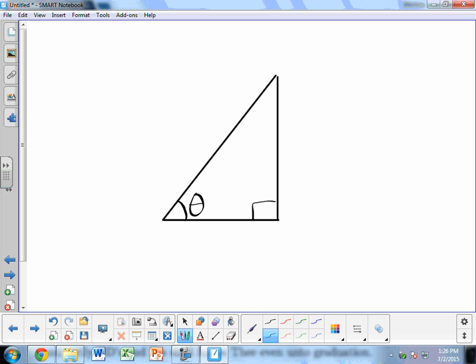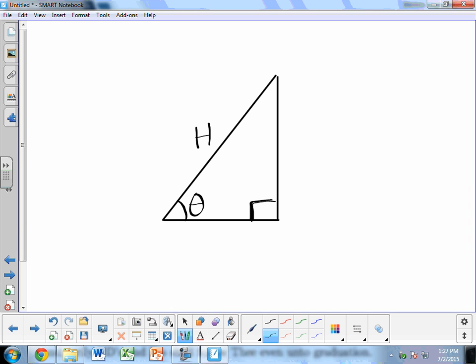Now, the first thing you need to know is that this side is always going to be the hypotenuse. That should be the first one you make note of. The hypotenuse is always opposite the right angle, so I'm going to mark that with an H. Now, remember theta is our reference angle. We call it a reference angle because that's the angle we're going off of.